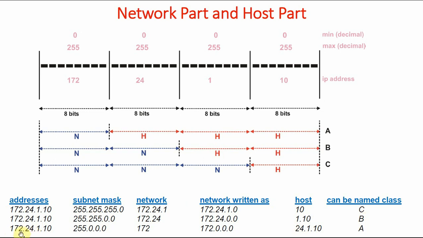So in the third case, if we again take the address 172.24.1.10, and the mask is 1 times 255, then what will be the network number? This is going to be the network number. And what will be your host number? This is going to be your host number.